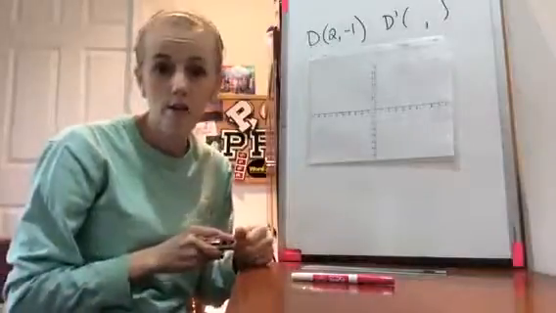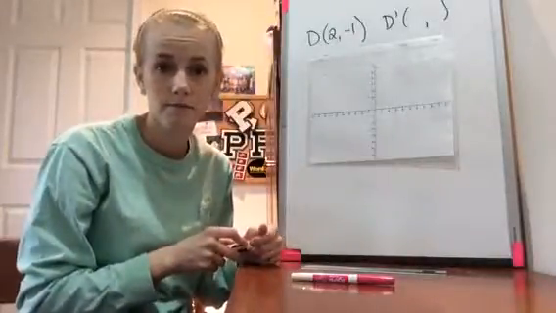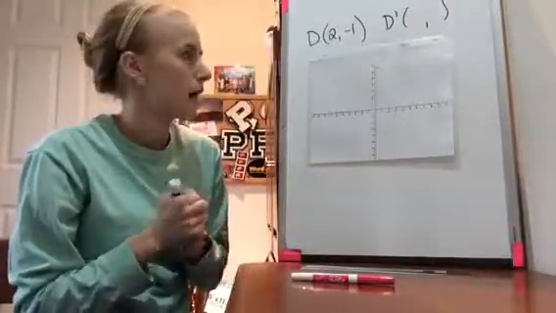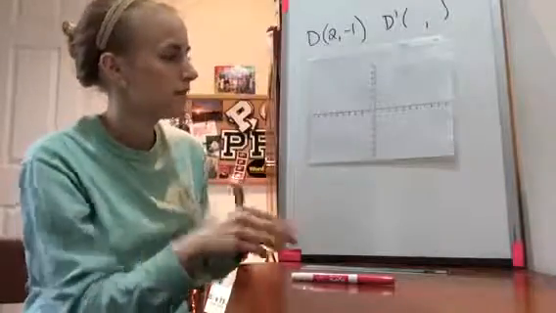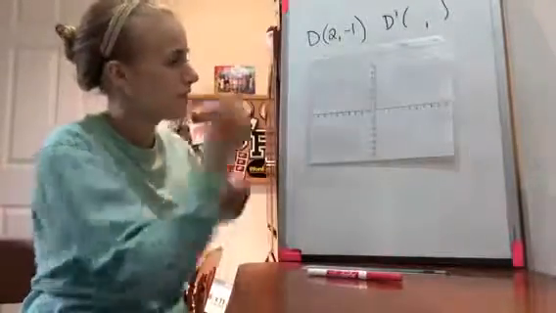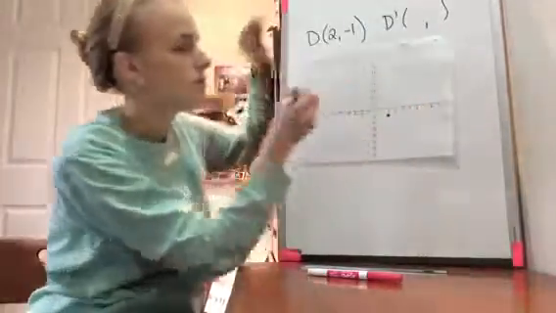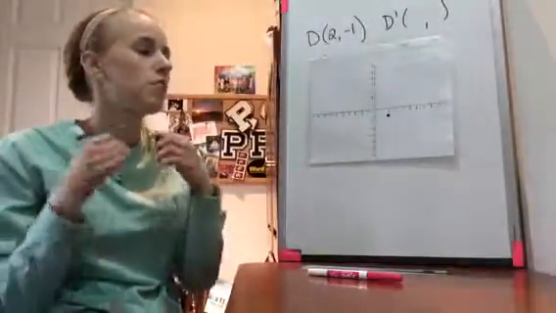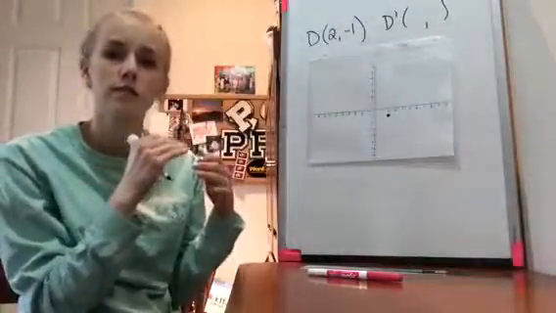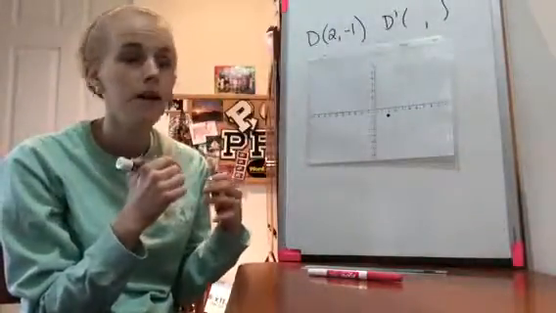So pause the video and quickly do this now. Okay, so we're back. Our original point was at 2, -1. This was our D, over 2, down 1. It was a y-axis flip, so my y value is not going to change. It's going to stay on the -1.